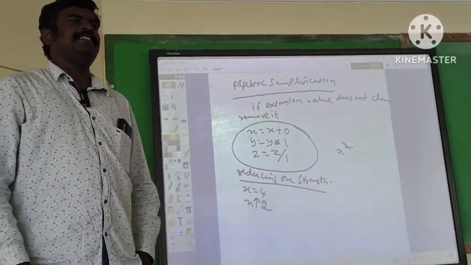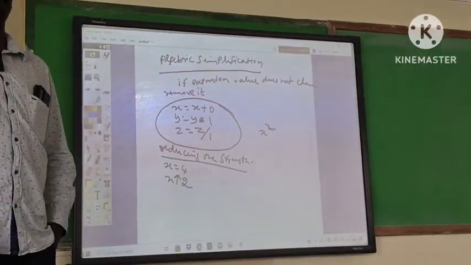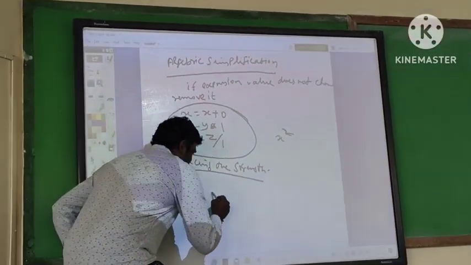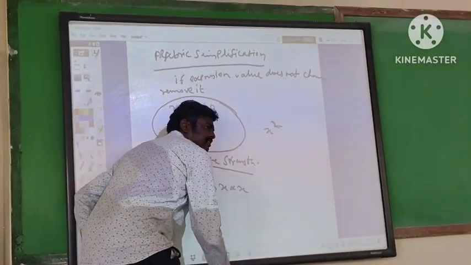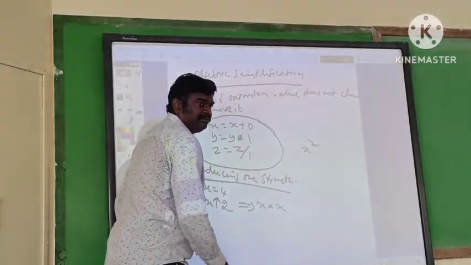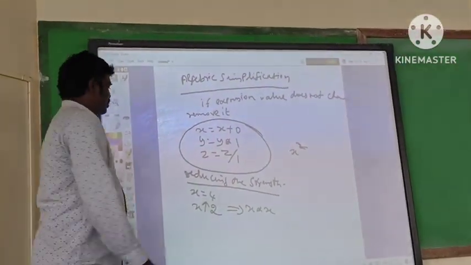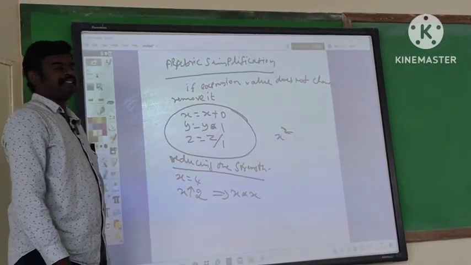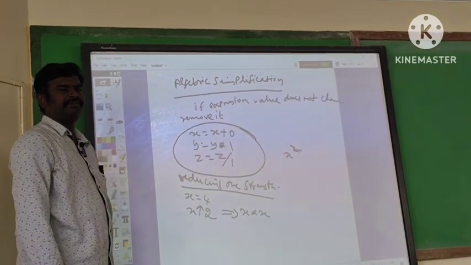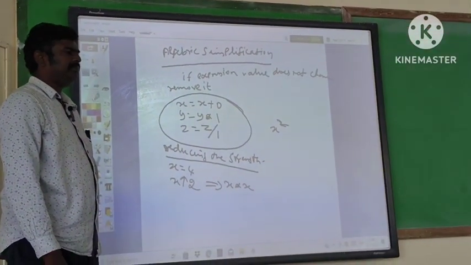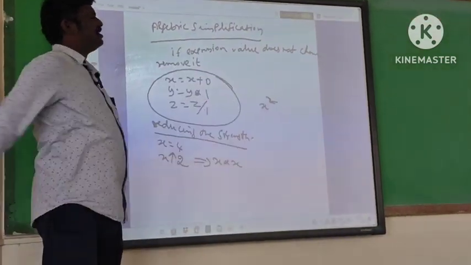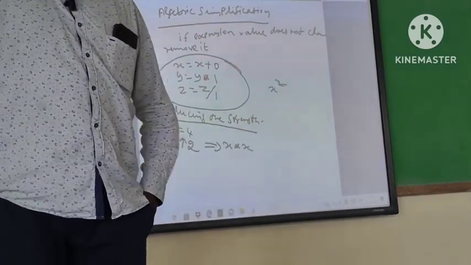No. x plus x is actually 8. It will not result in the same value. So when it is an exponentiation symbol, I can replace it like this, x star x. Exponentiation has higher precedence than multiplication. So this is called reducing strength. Clear? This entire process is called algebraic simplification.